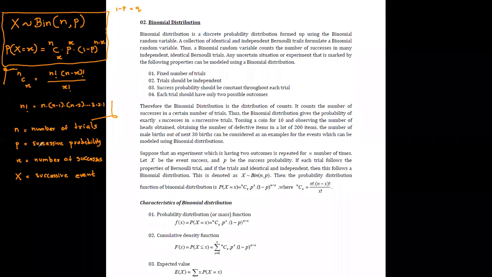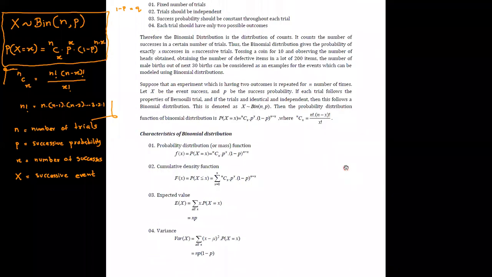Now we will have a look at the characteristics of the binomial distribution. Here I have mentioned several characteristics, and we'll go through them one by one. First, the probability distribution, or the probability mass function, which we have discussed in detail in previous sessions.